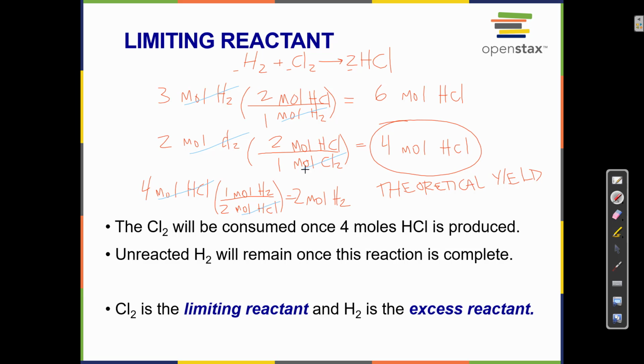When I make 4 moles of HCl, how much H2 does that take? That takes 2 moles of H2, according to my recipe. Well, I have 3 moles of H2, and it only takes 2. So that means I have 1 mole of H2 in excess.